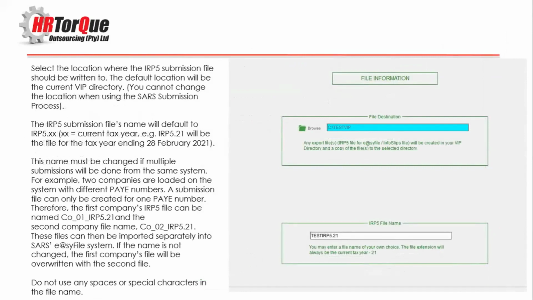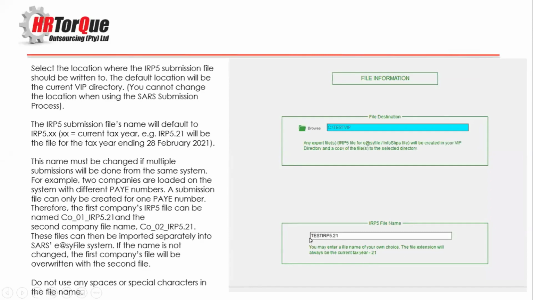This is purely your standard procedure with saving your file into your destination. Also, you can define the naming configuration. However, the most important part that has to remain in place is the IRP5-2122, which is for the relevant tax year that you are currently running.